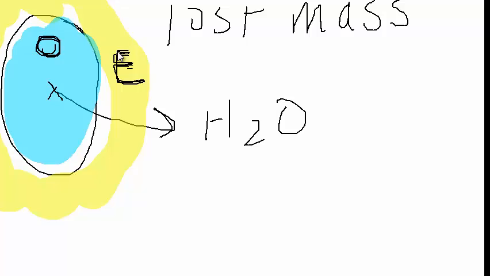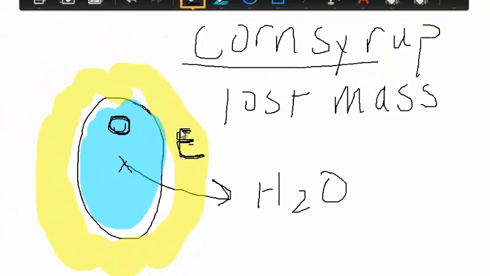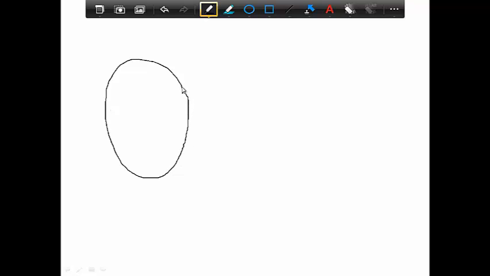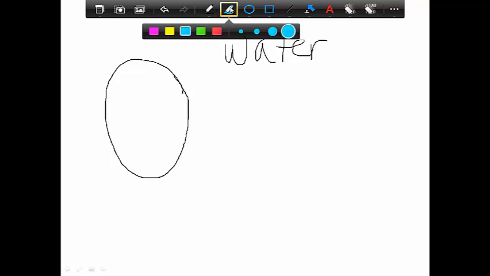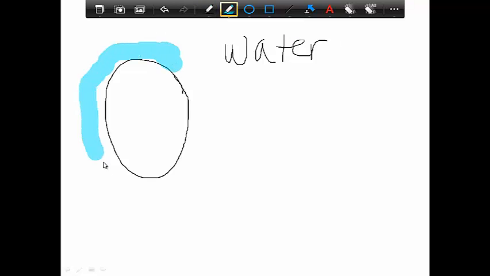The next day, you covered the egg in water for the overnight period. So let's look at what happened there. So again, here's our egg. Okay, covered in water overnight. Okay, so in other words, there was lots of water on the outside. Color that in.